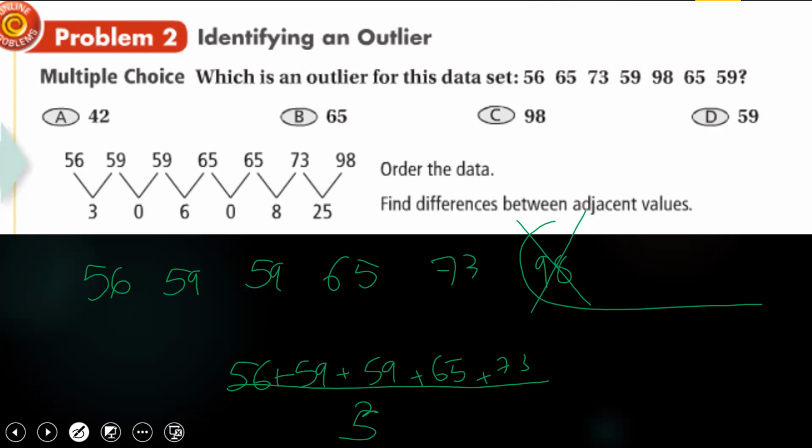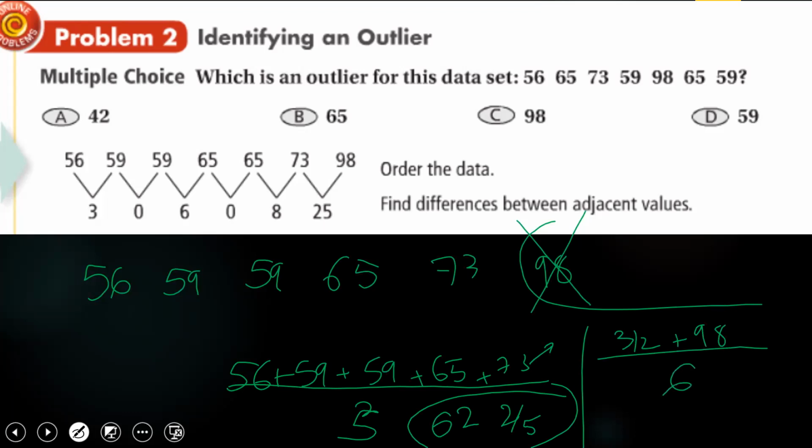So here the mean is 62 and 2 over 5. But with the outlier, we have to add the number here, which is 312, plus 98, over 6 now.